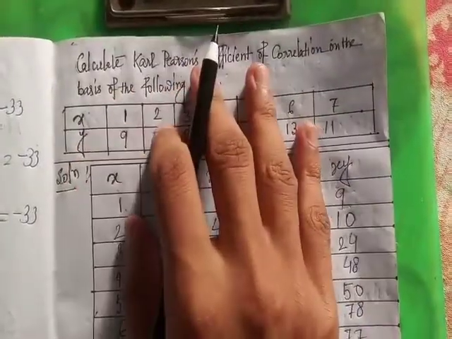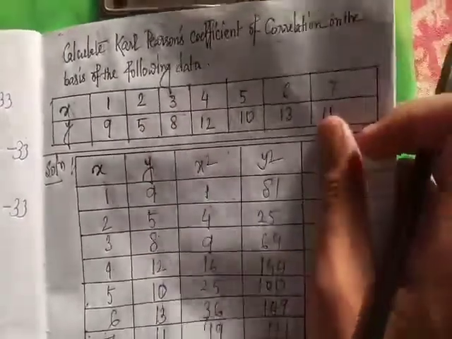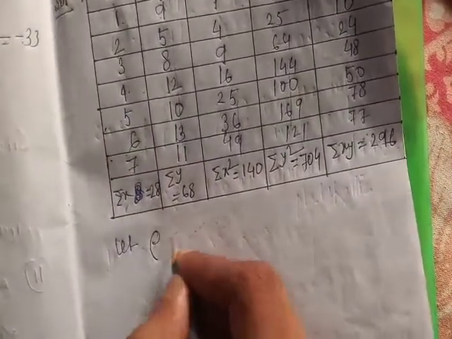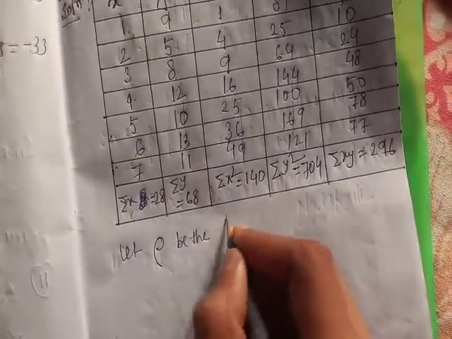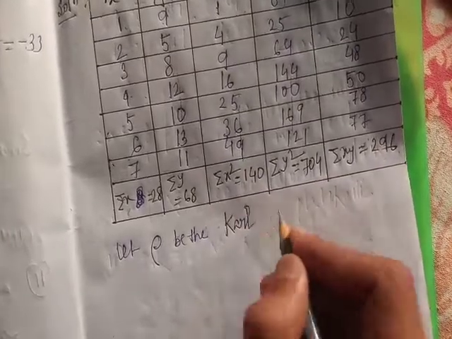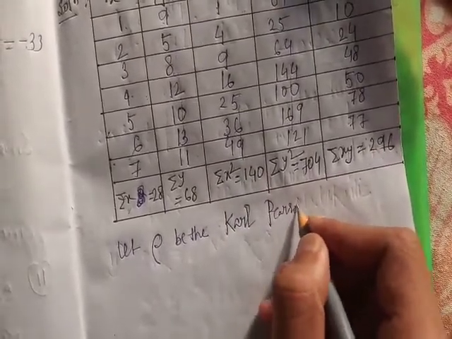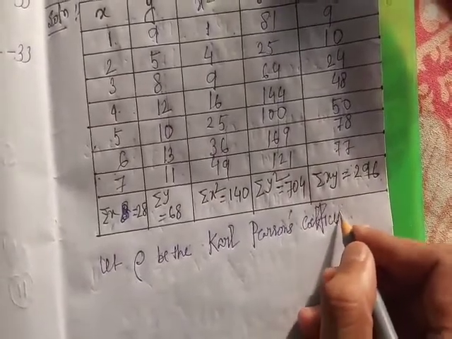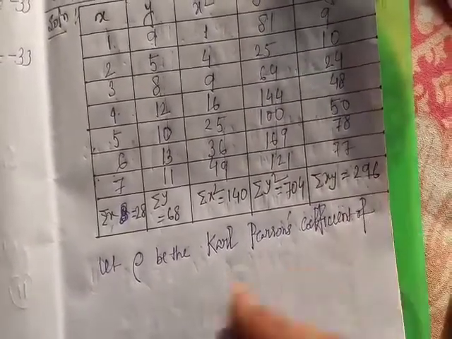The question is to calculate the Karl Pearson coefficient of correlation. So let rho be the Karl Pearson coefficient of correlation.